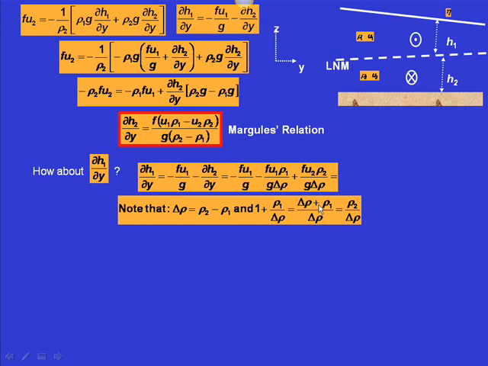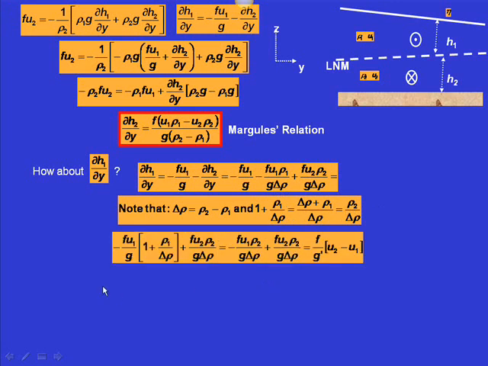So minus rho 1 plus rho 1 leaves us with rho 2 over delta rho. The main point here is that 1 plus rho 1 over delta rho equals rho 2 over delta rho. This is what we're going to use up here, because we're going to factor f over g delta rho here.